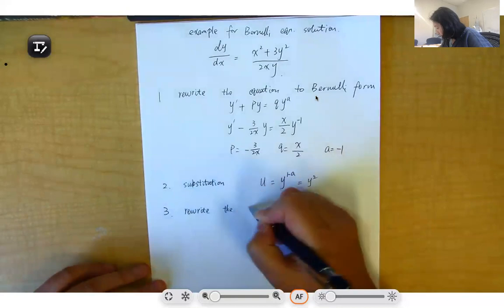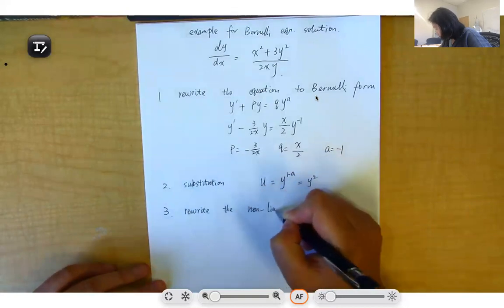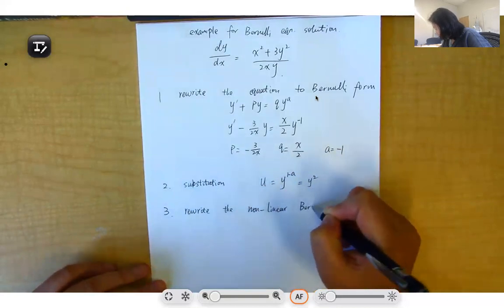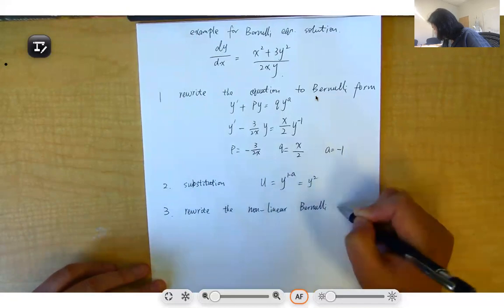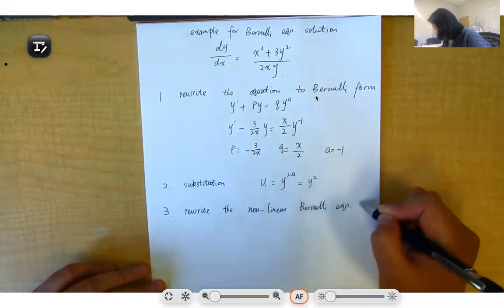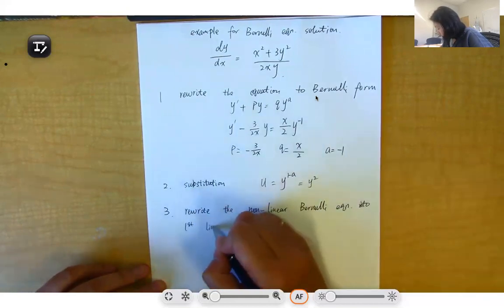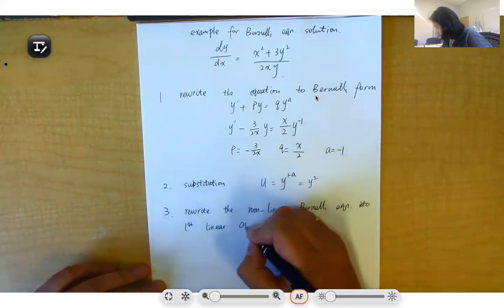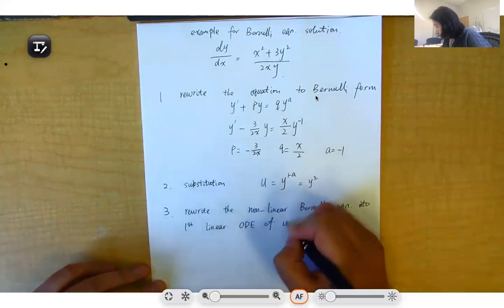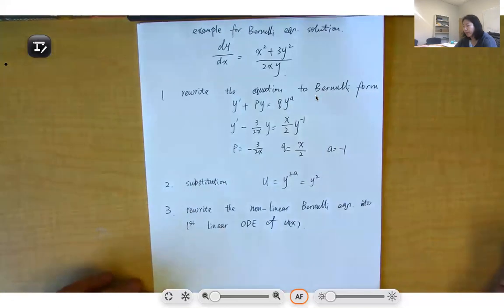Okay? So rewrite the non-linear Bernoulli equation into a first order linear ODE of u of x. Okay.